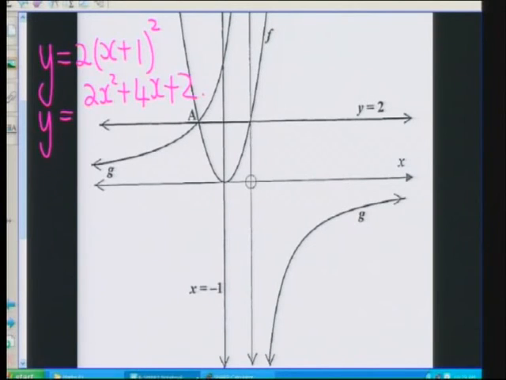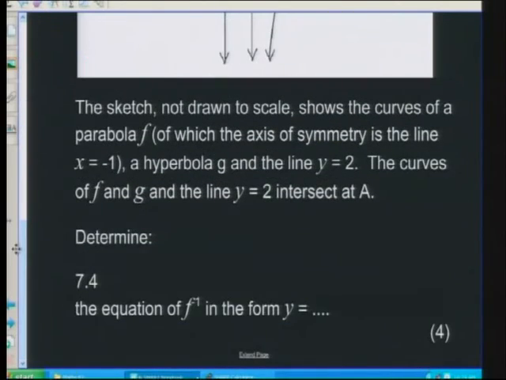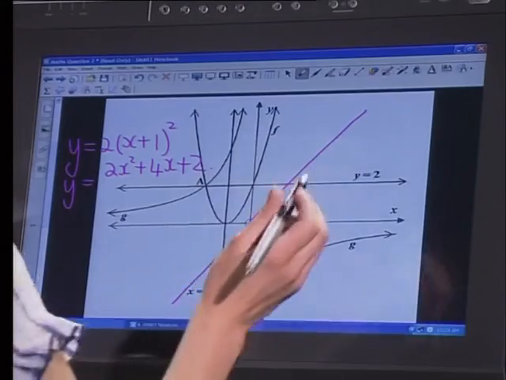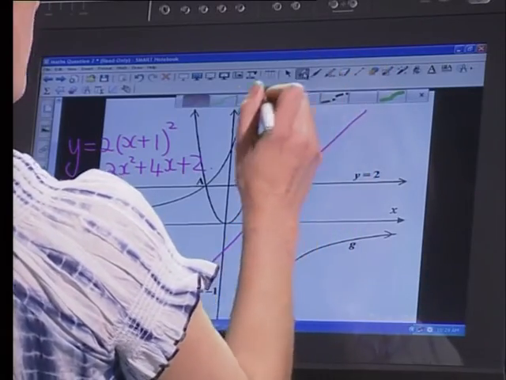Now, guys, whenever we reflect in the line y = x, and this again is true for all of our graphs, let's put the line y = x in here. Whenever we reflect in the line y = x, what happens is that our x values and our y values switch around. So y becomes x and x becomes y. So let's have a look at what that will give us.